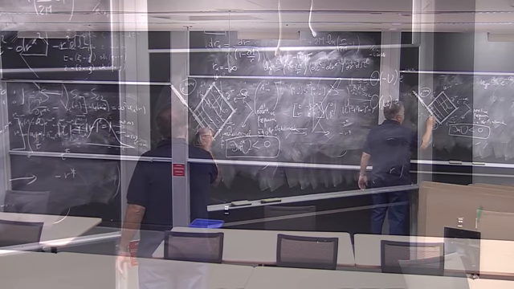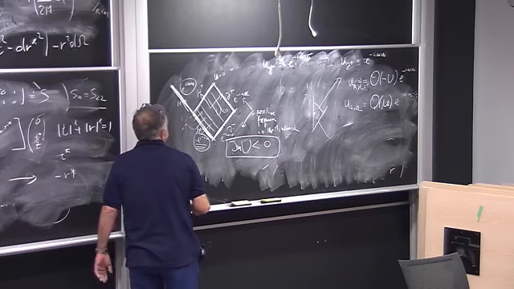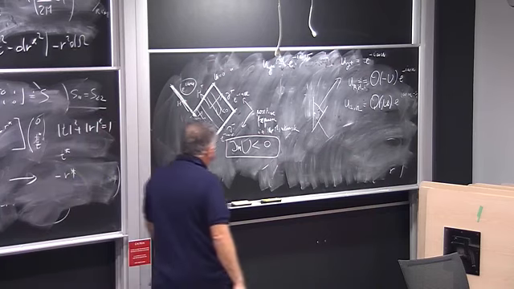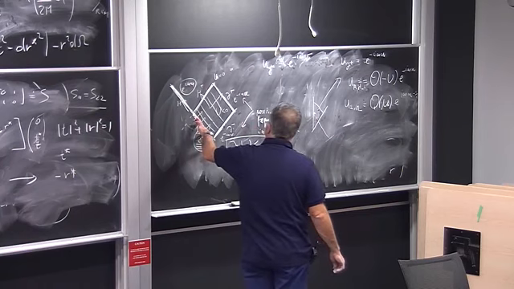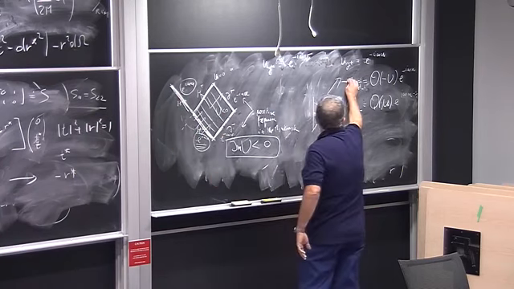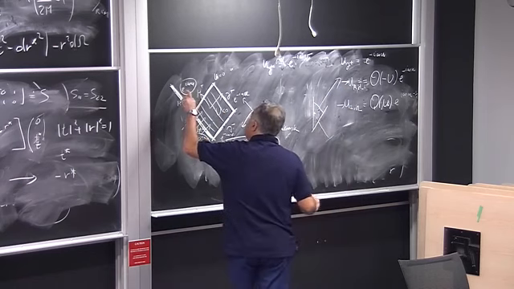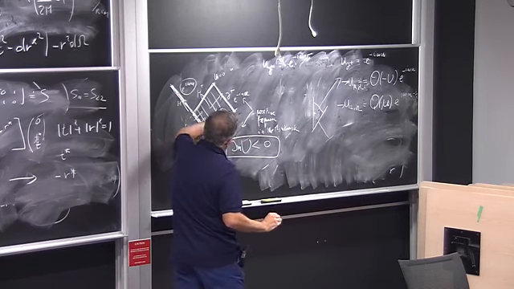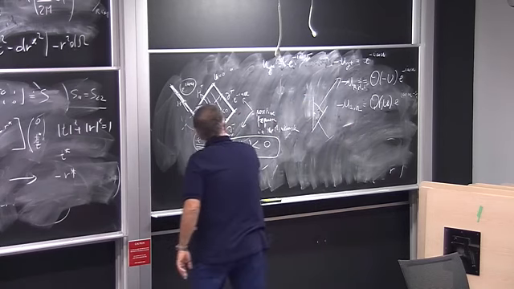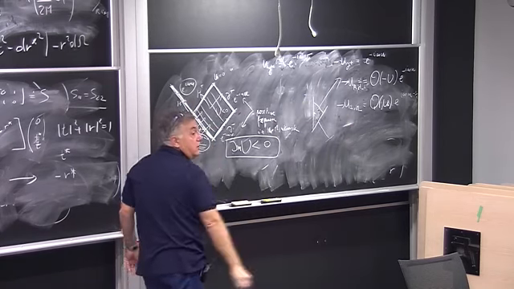H minus is this horizon here. Normalized on H minus. So those modes are non-zero here, 0 here, and 0 here. These modes are non-zero here, 0 here, and 0 here. And these modes are non-zero here, 0 here, and 0 here.